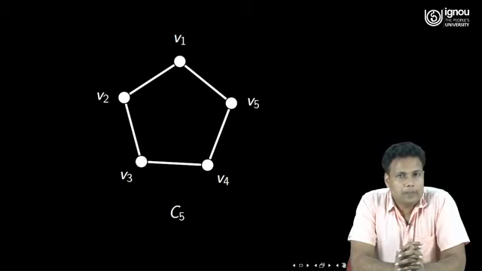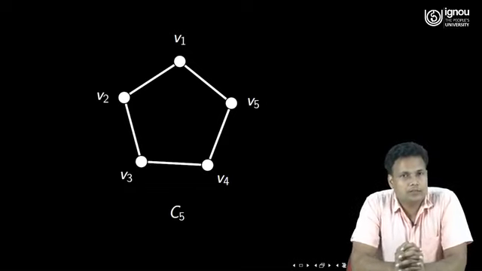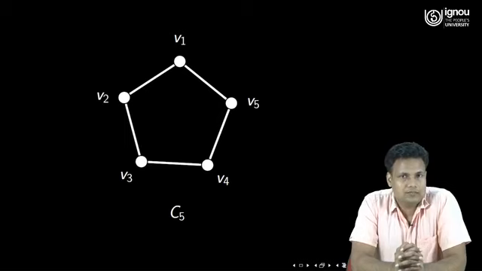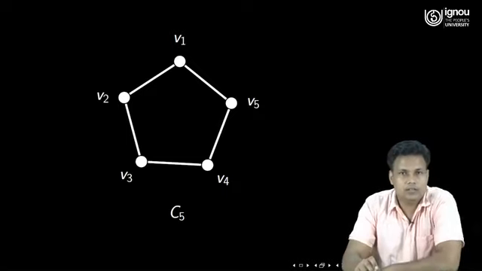So what we have seen here is that any odd cycle cannot be bipartite, and in fact it is the absence of odd cycles that determines whether a graph is bipartite or not. Now we shall look at a result in this regard.